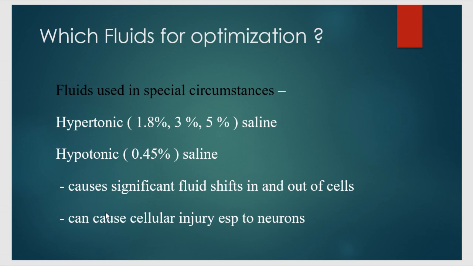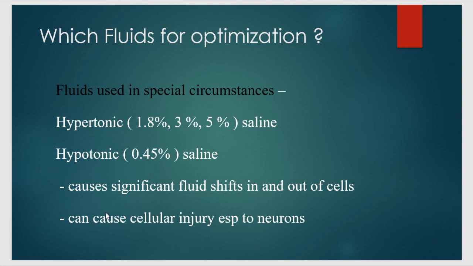These types of crystalloid cause significant fluid shifts in and out of the cells. So they can also cause cellular injury, especially to neurons, our central nervous system. So these types of fluids should be used very cautiously. No rapid infusion should be given, right?